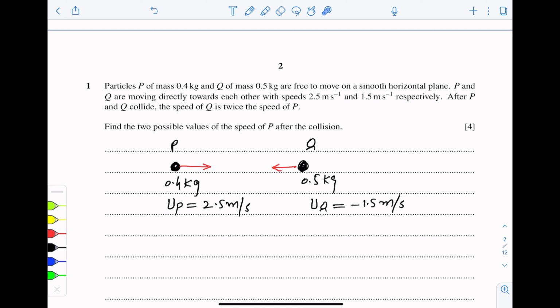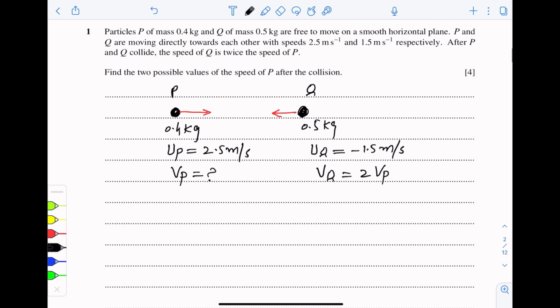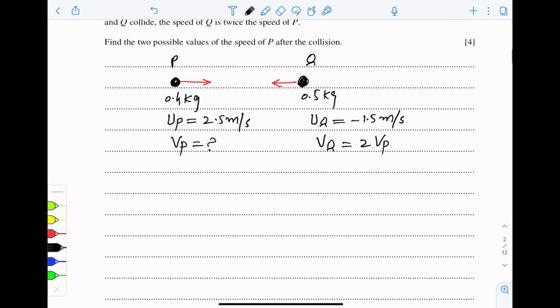So now after P and Q collide, the speed of Q is twice the speed of P. Find the two possible values of the speed of P after the collision. Let the speed of P after the collision be Vp. We have to find this, and the speed of Q is twice, so after the collision, the speed of Q will be 2 into the speed of P. Now we will use the law of conservation of momentum.